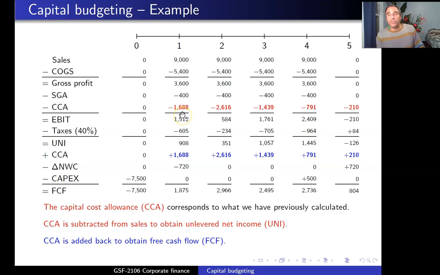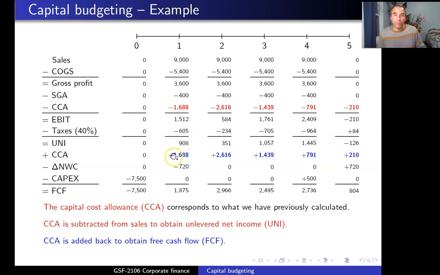So depreciation is a non-cash expense. We subtract it to compute EBIT so that we apply the tax rate to earnings after depreciation. But then we add back the CCA depreciation because all it does here is allow us to pay less taxes, because it allows us to report a smaller earnings before interest and taxes.